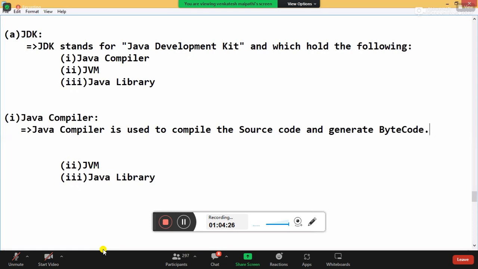That is the duty of the compiler: checking syntaxes, checking all grammatical rules and converting into bytecode.